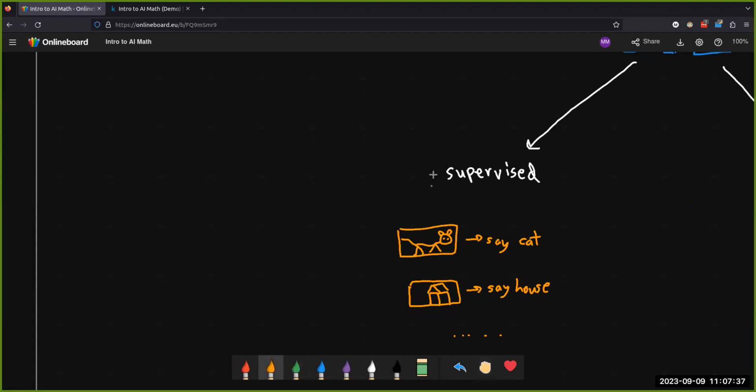So this is how a human, I guess, would supervise another human. A parent would teach a child. But in our case, it's going to be a human supervising an AI algorithm. So we're going to give it some kinds of inputs, and we're going to give it outputs or labels, where we just want to give it lots of different examples of the inputs.